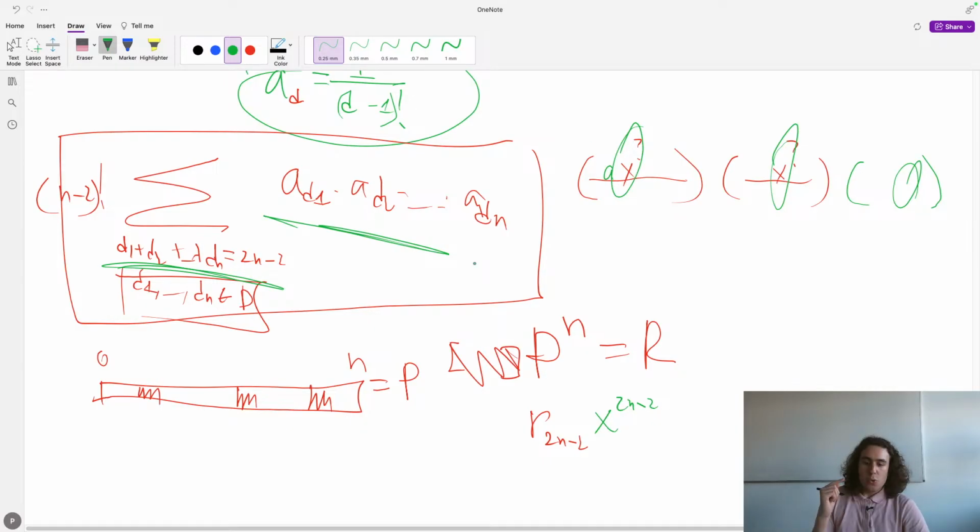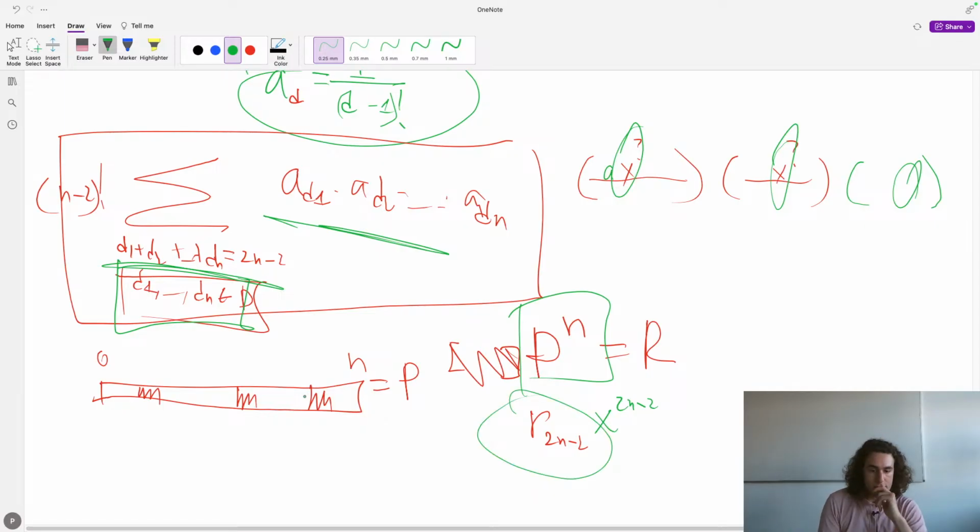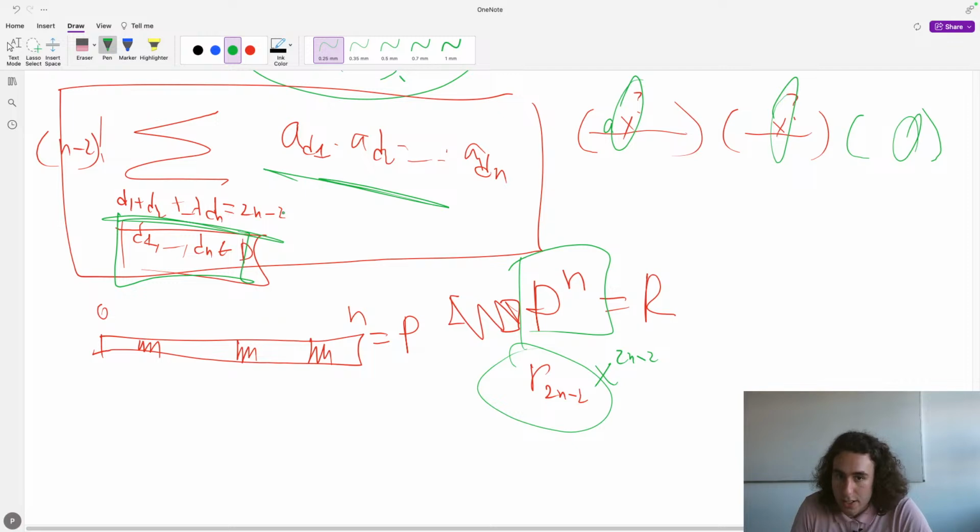So what we're interested in is we take this polynomial of size n, we take it to the nth power, and we take its 2n minus 2 coefficient. Well, that's not that hard to do. You can't do it stupidly because p to the n has power n squared, right? But we don't care about large powers.